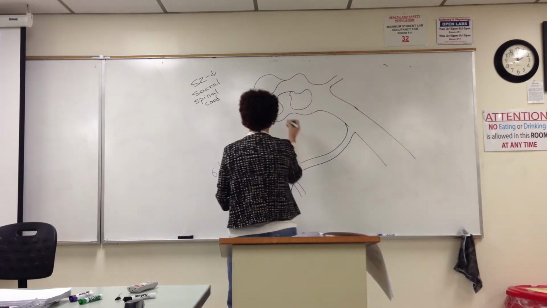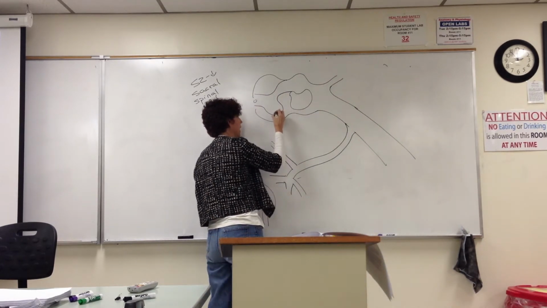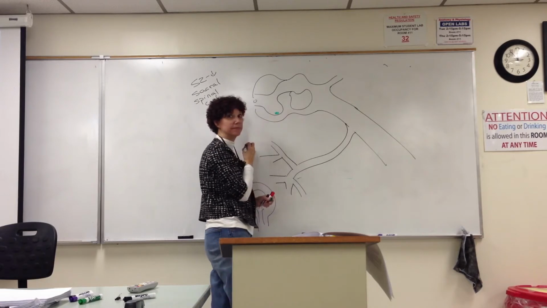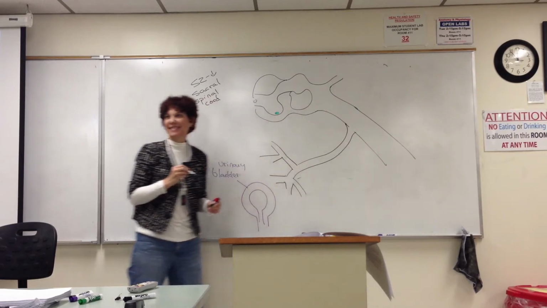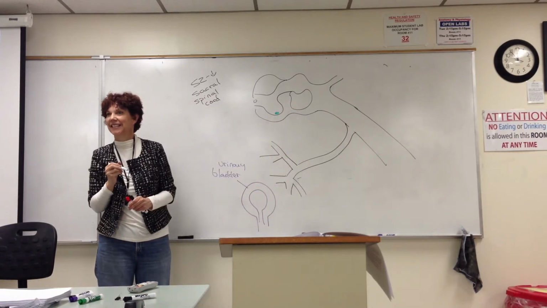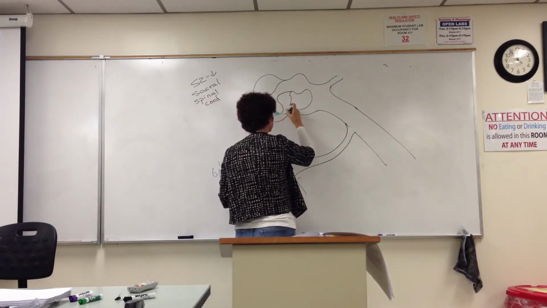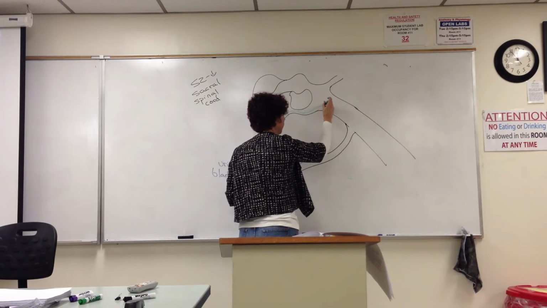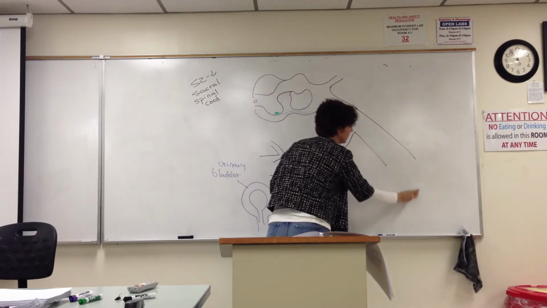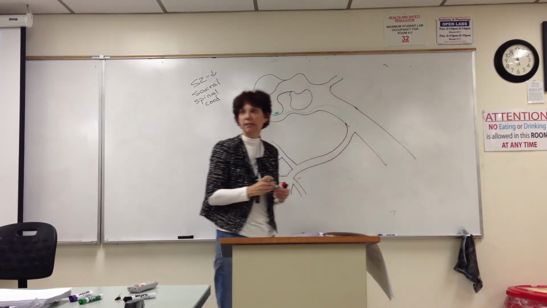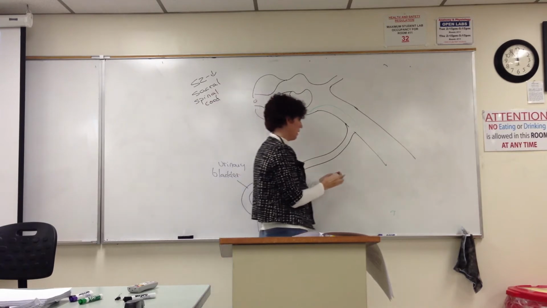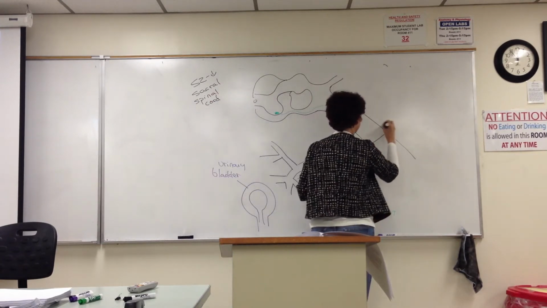A lower motor neuron is going to have its cell body in the anterior gray horn. Where's it going to go next? Ventral root, and then out the ventral ramus to get to whatever muscle in the lower extremity. Okay.